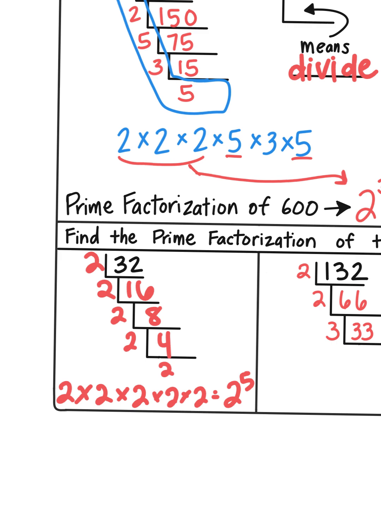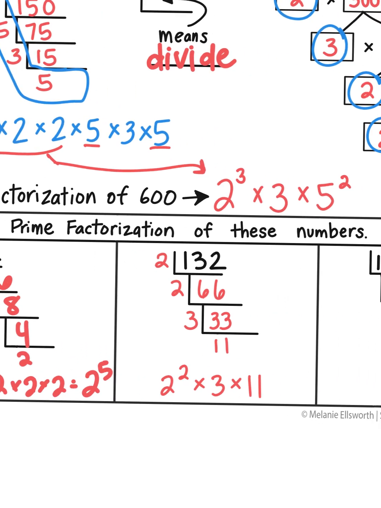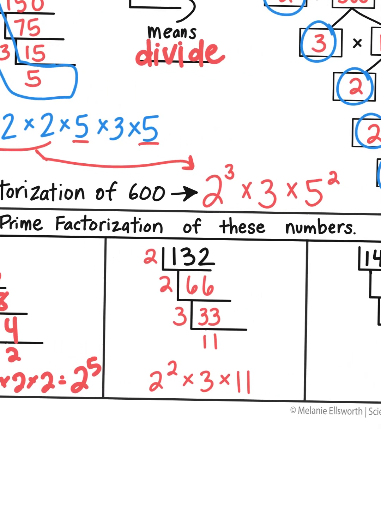And then divide it by 3, which is 11. So what is my exponential form? It's going to be 2 squared times 3 times 11. Okay, we okay on that one?